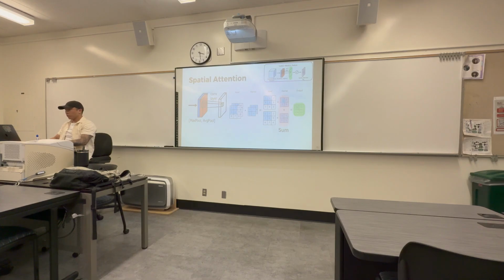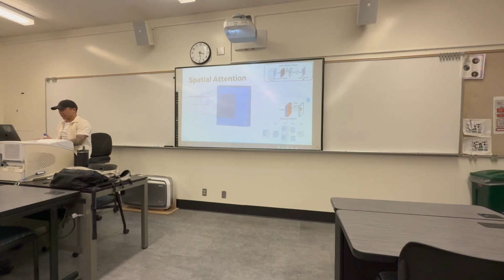So this is a 1 by h by w, this is a 1 by h by w, and when you add them, you get a 1 by h by w. So this green part is here. I put it just to show that we're aggregating it down to a 1 by h by w. We're doing the same conv process as before. Instead of, in this example, one channel, here we're doing 2 channels.